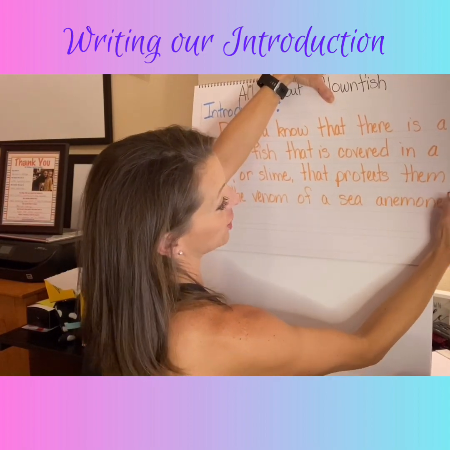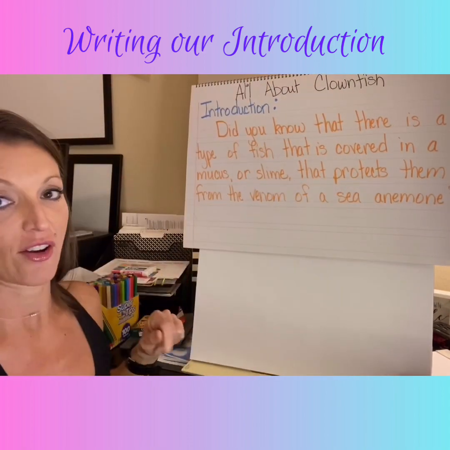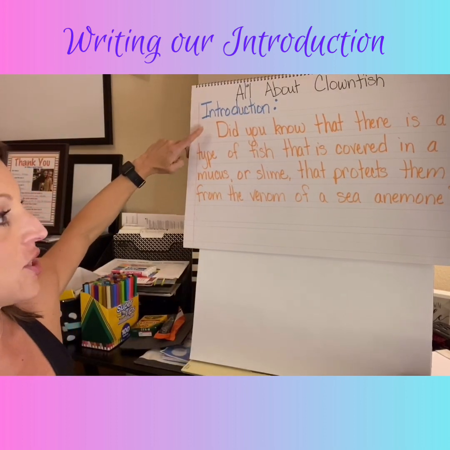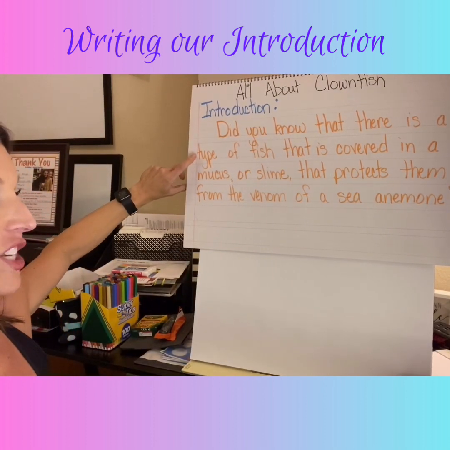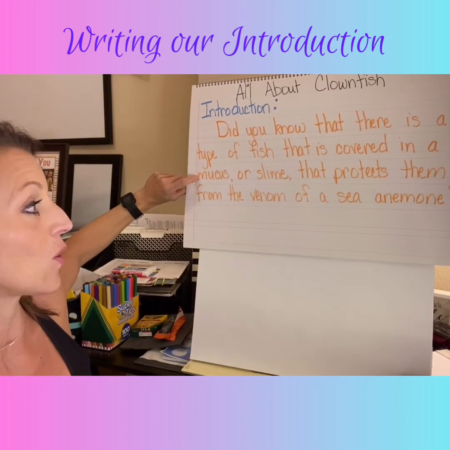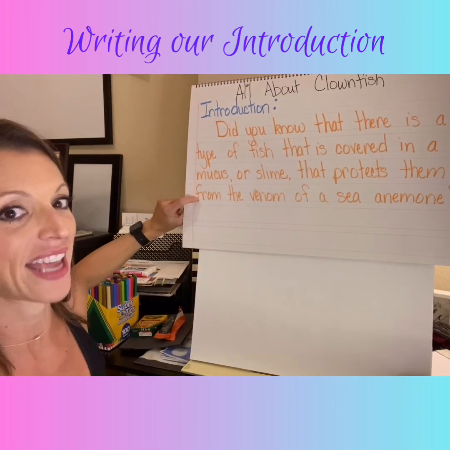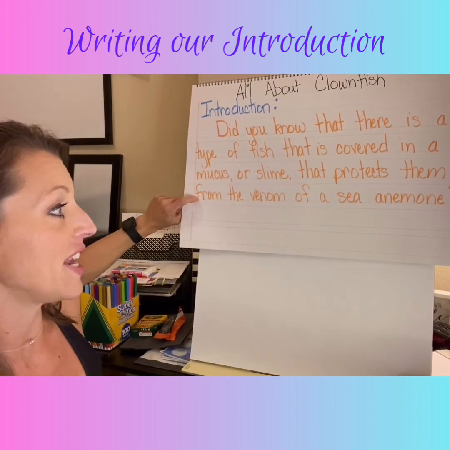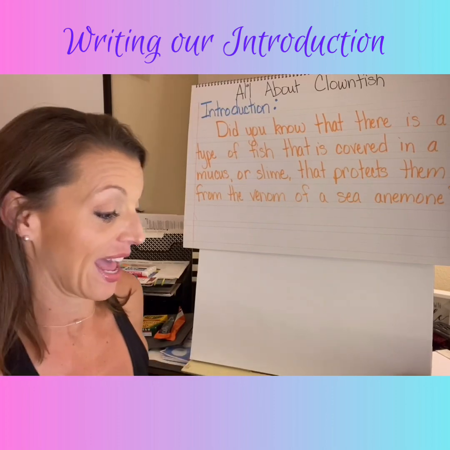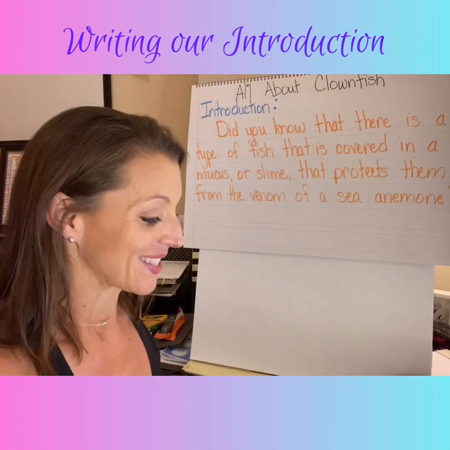Now look at that super long question. I want to read it one more time. Did you know that there is a type of fish that is covered in a mucus or slime that protects them from the venom of a sea anemone? And it's true. So I'm going to keep going.